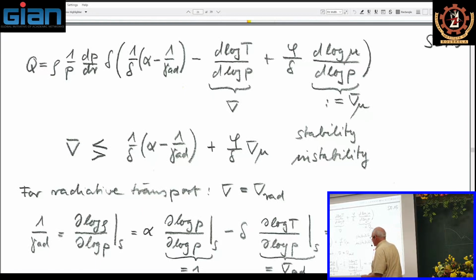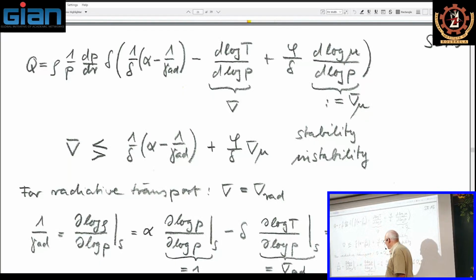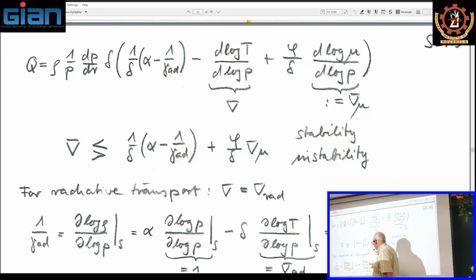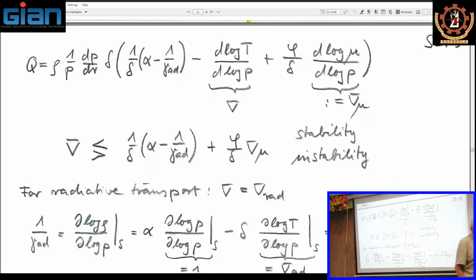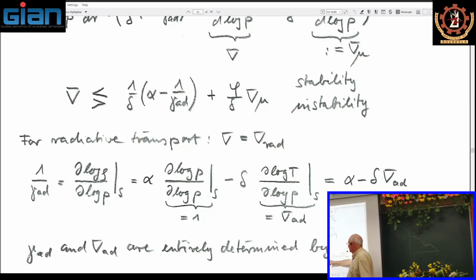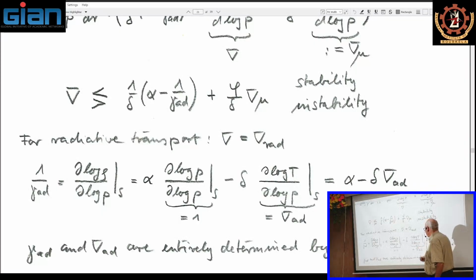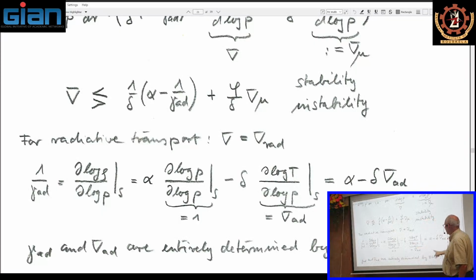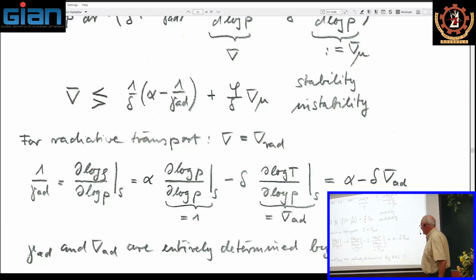So using the equation of state, 1 over gamma adiabatic was d log rho by d log P at constant entropy. Now we replace log rho by the equation of state. This is alpha times d log P by d log P at constant entropy, which is 1, of course. And the second one is d log T by d log P times minus delta, which is by definition nabla adiabatic. So 1 over gamma adiabatic is alpha minus delta nabla adiabatic.